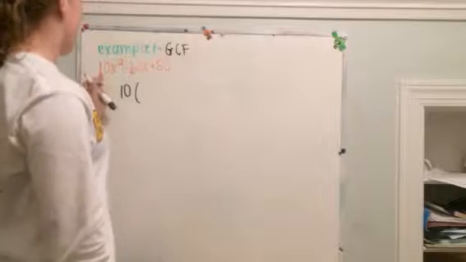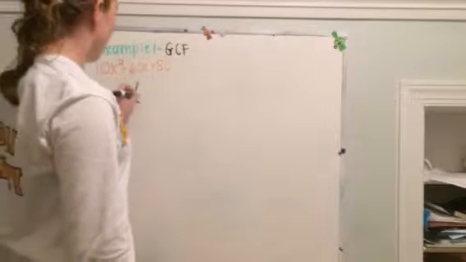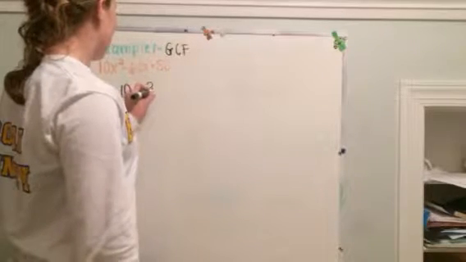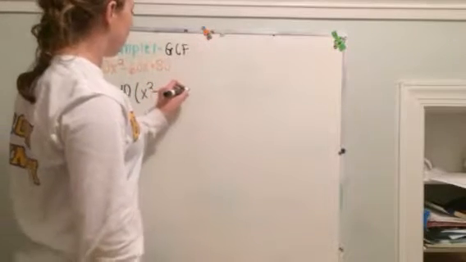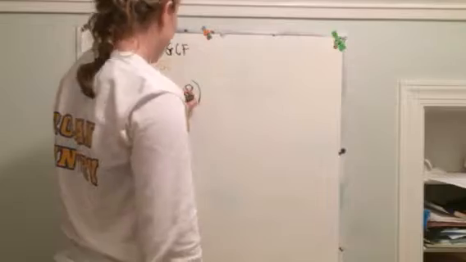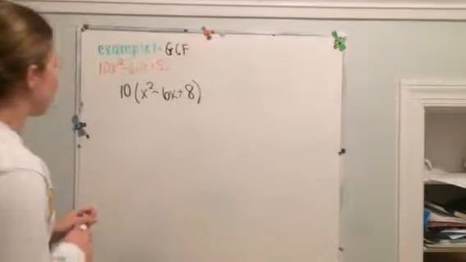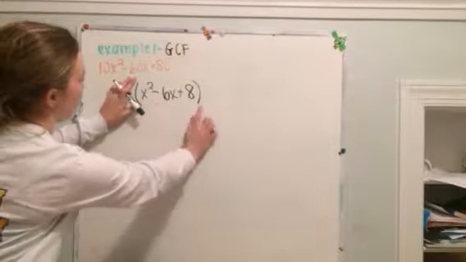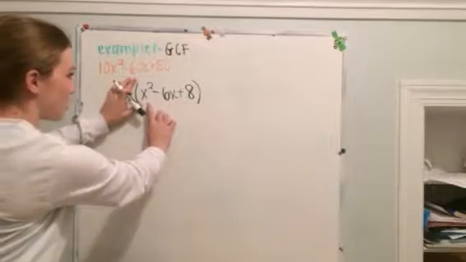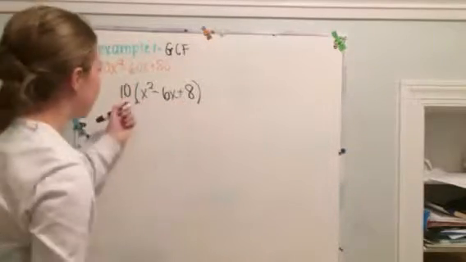So factoring 10 out gives x squared minus 6x plus 8. Now we're going to stop looking at this and look at this: we're going to factor x squared minus 6x plus 8.